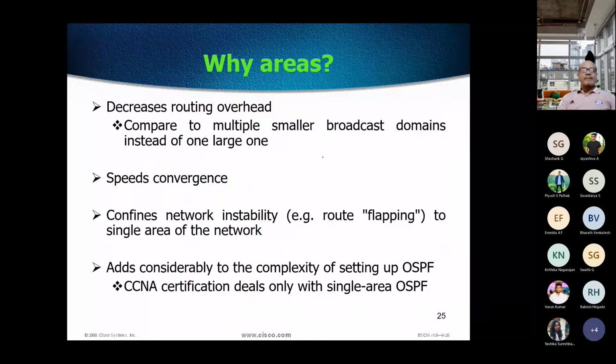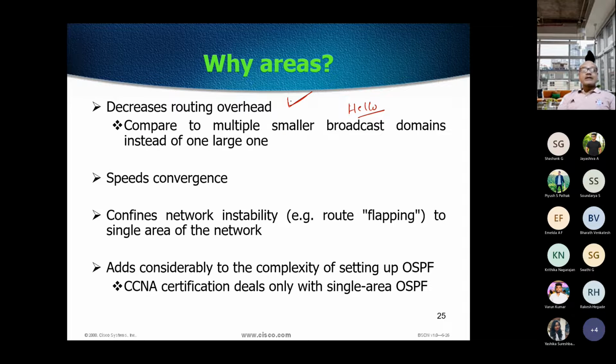Let me explain why we use areas: to decrease your routing overhead. Each router can connect to another 200 peers. Just imagine if we connect 100 routers, what would your updates be? Your updates would be very huge, right? They are going to exchange hello information every second.